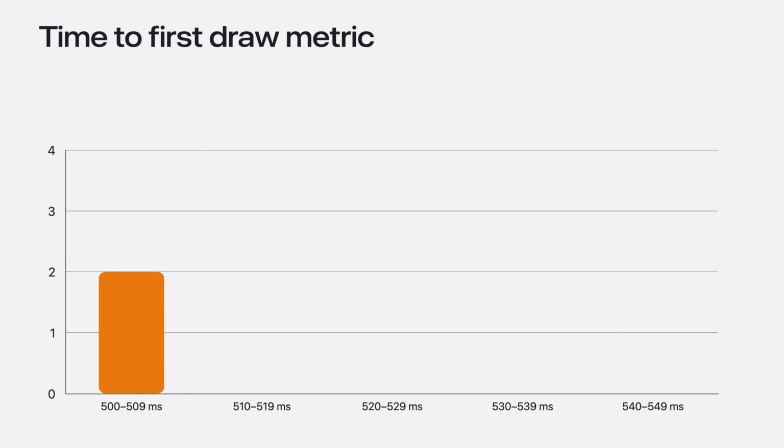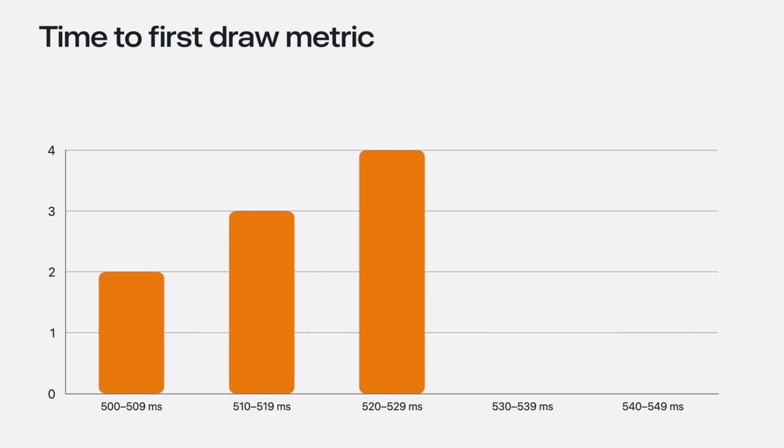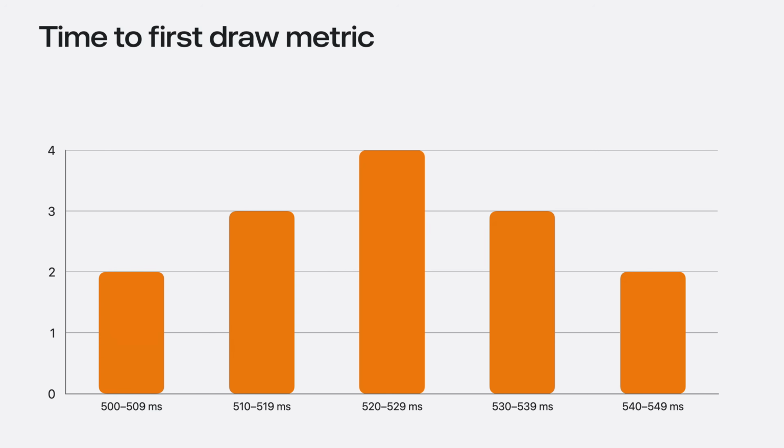For example, MetricKit launch times like the time to first draw metric provide a histogram of launch counts that fall within certain time range buckets. This graph shows the time it took for the app to launch every time someone opened it over the course of the day. Most of the launches took between 510 and 540 milliseconds, with a few outliers.